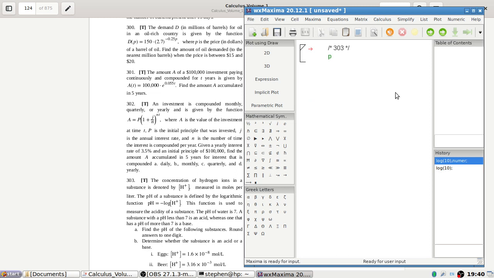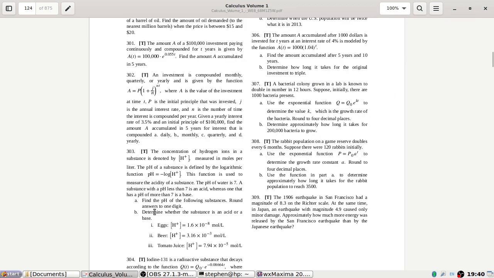Okay, so pH of H is defined as minus log H over log 10 because I need to change the base for this to work. So I'm not sure how to get a base 10 right now. Okay, determine the pH level of the substances, round answer to 1 digit. I don't know why that A is separate. It shouldn't be.